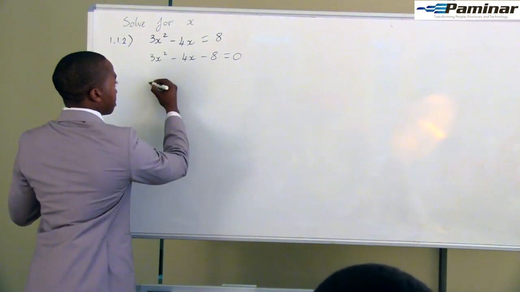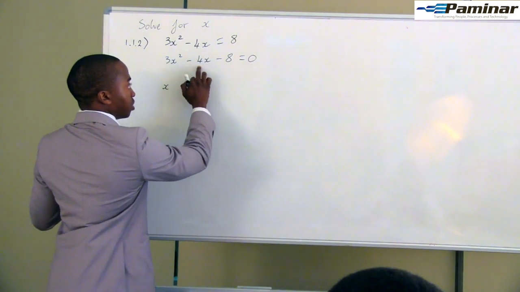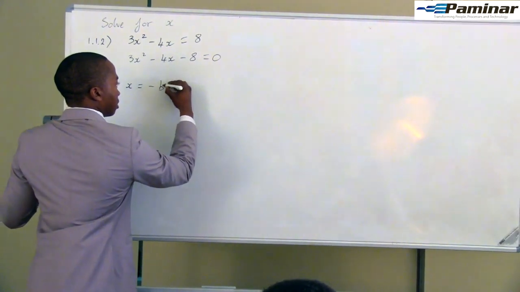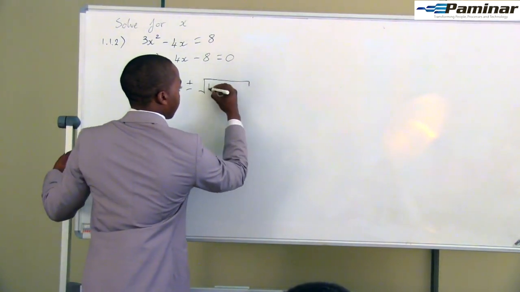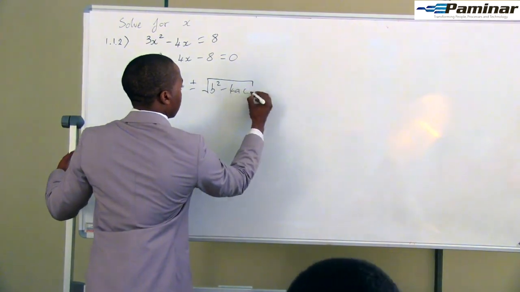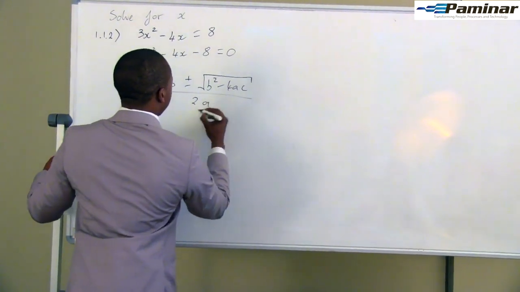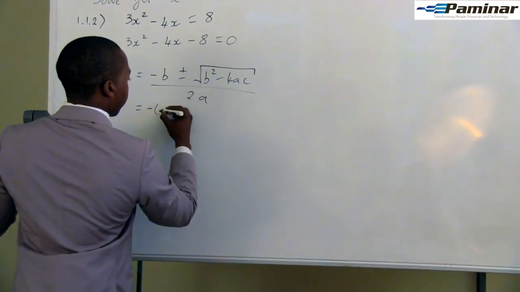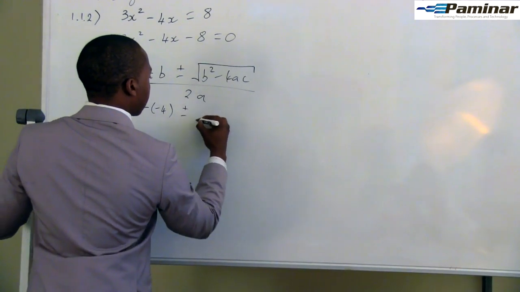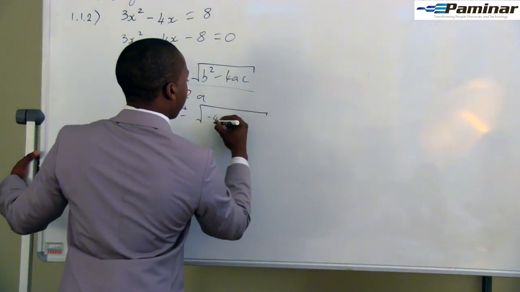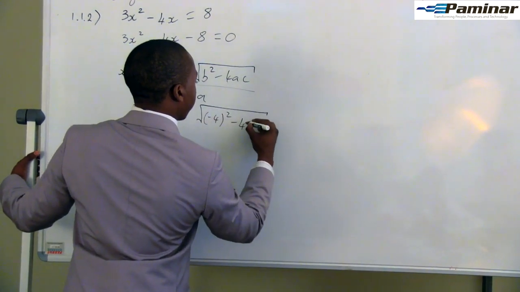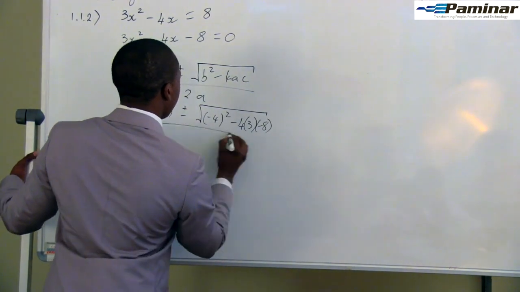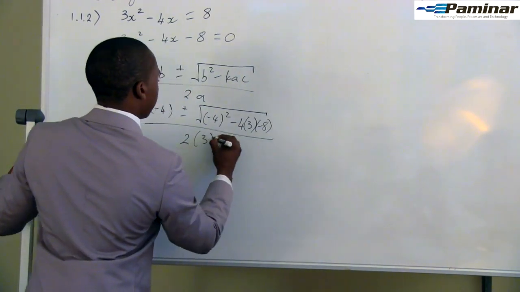Okay, in this instance, a will be 3, b will be negative 4, and c will be negative 8. And we're using the same formula, all over 2a. Then substituting our variables, it should be minus, then b is negative 4, plus or minus the root of negative 4 all squared minus 4 times 3 times negative 8, all over 2 times 3.